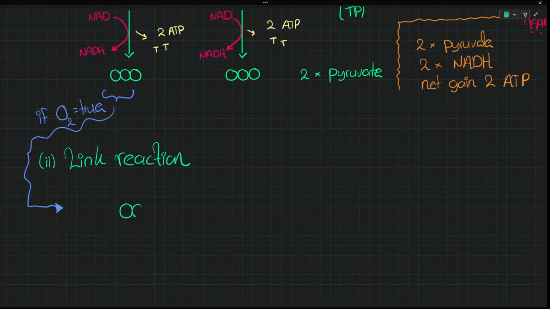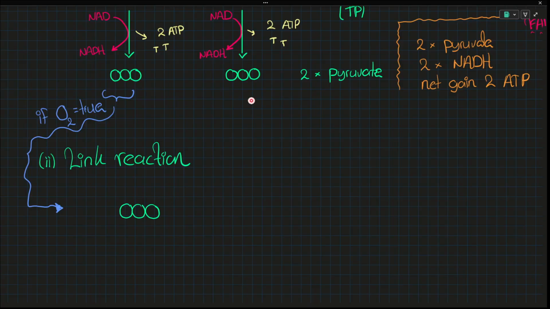The link reaction and the Krebs cycle occur for both. Both pyruvate molecules can enter the link reaction, the Krebs cycle, and oxidative phosphorylation to produce energy. For our simplicity, we will just be considering one pyruvate. We will multiply everything by 2 at the end to account for the other pyruvate.